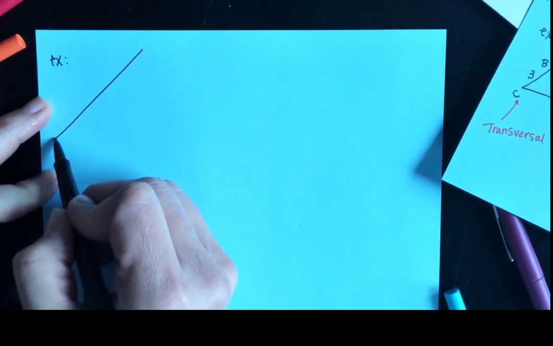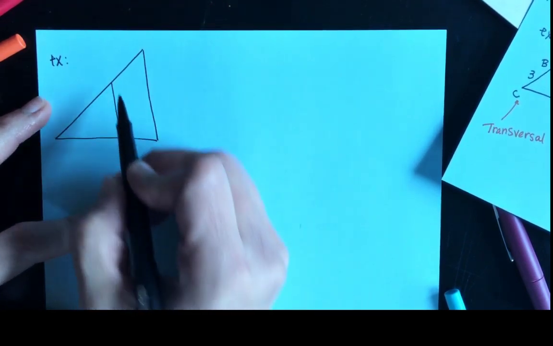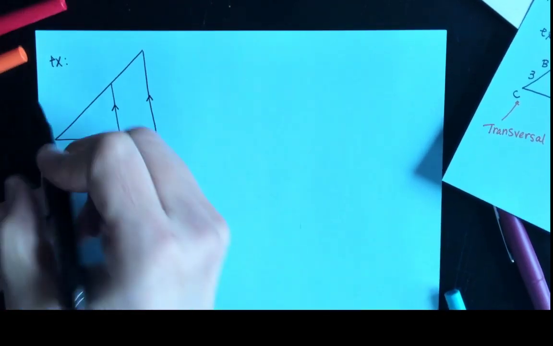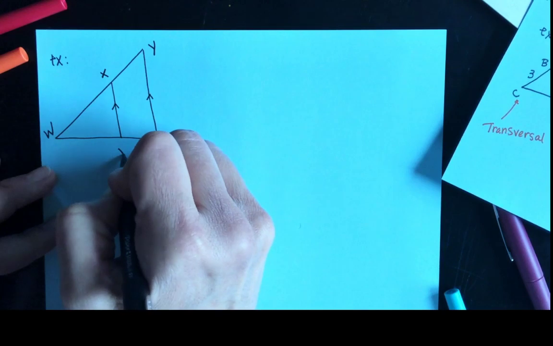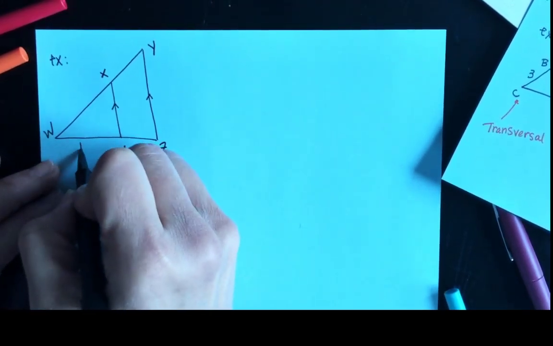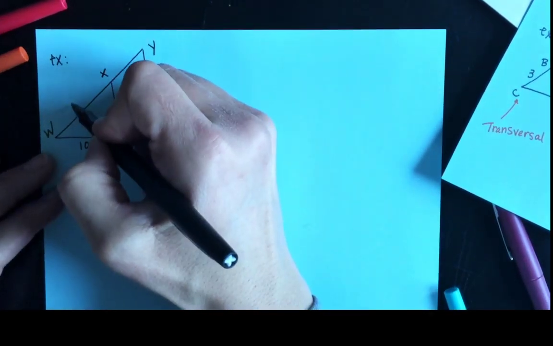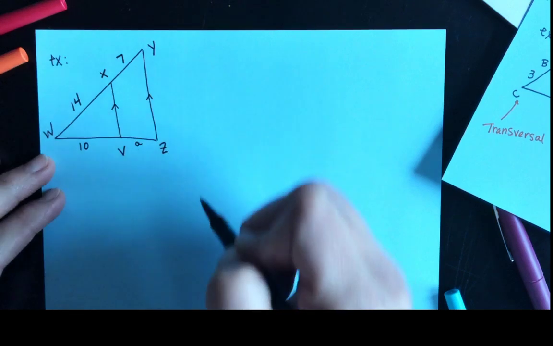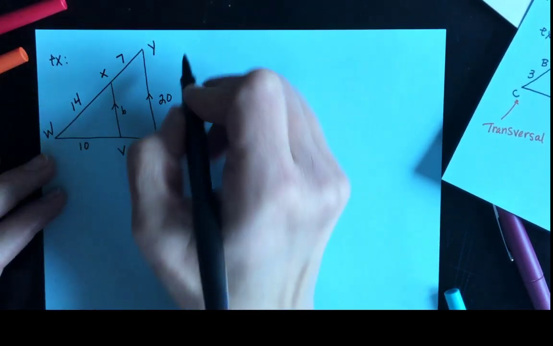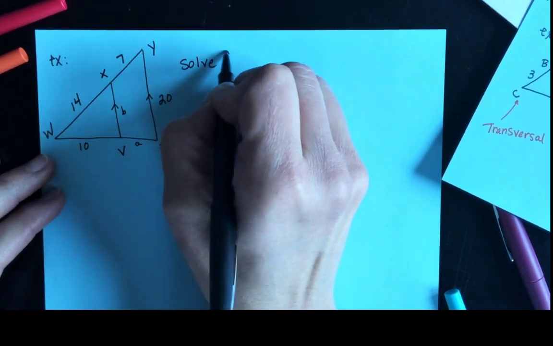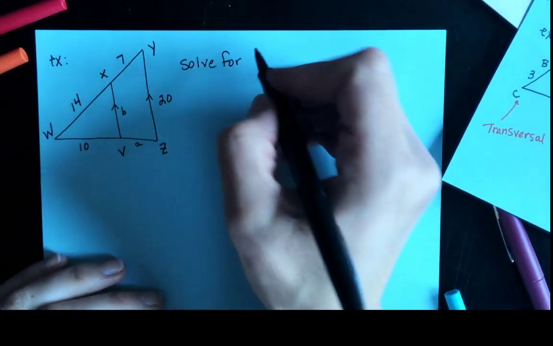So let's do this one real quick. Again, another picture that looks similar to what we've been looking at. And when you get a chance, tell me what you think A and B are going to be.